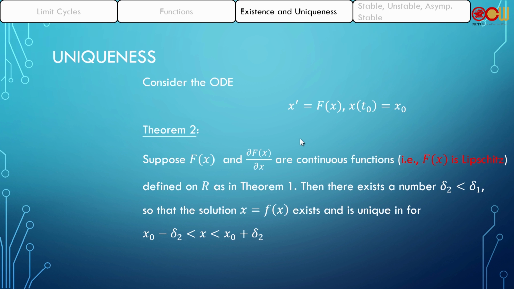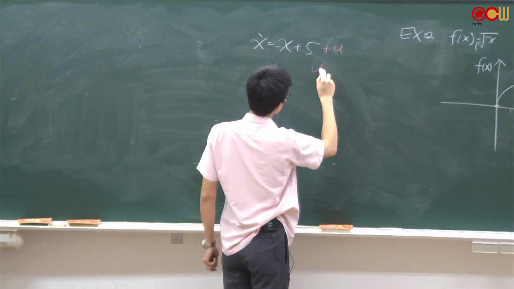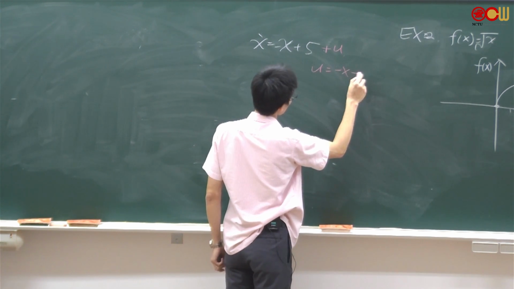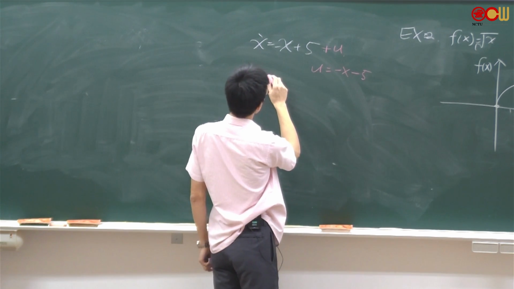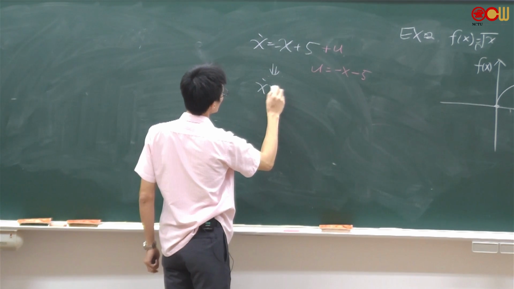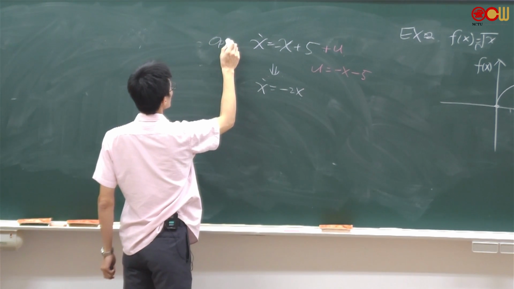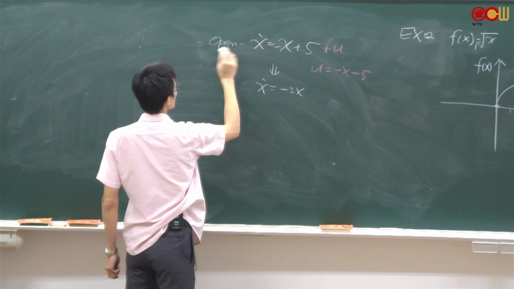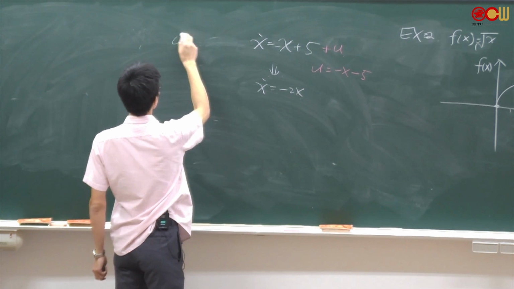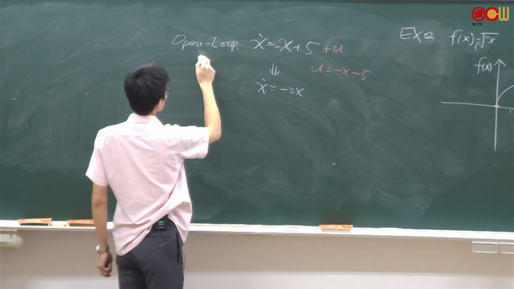Because you can design a controller, right? The controller changes this f. Given the dynamics, remember in the first day of the class, I said minus plus phi, right? And u equal to minus x minus phi, which gives you this. So this one is open loop, no control, an open loop system.